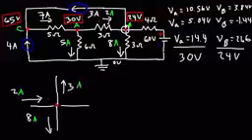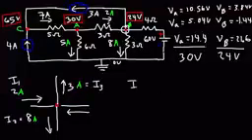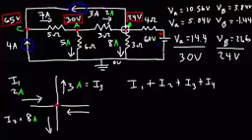What is the current that is flowing from the battery through the 4 ohm resistor? Let's call this I1, I2, I3, and I4. So we could use Kirchhoff's current law to get the answer, which states that the sum of the currents flowing into or out of a node or a point adds up to 0.